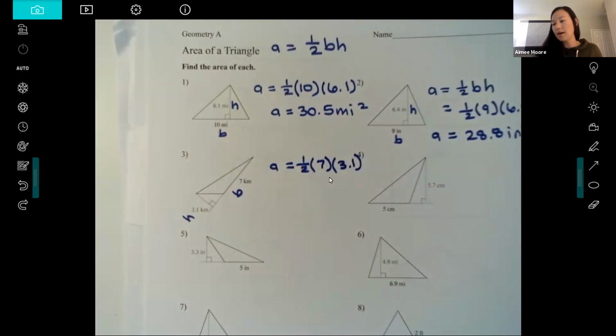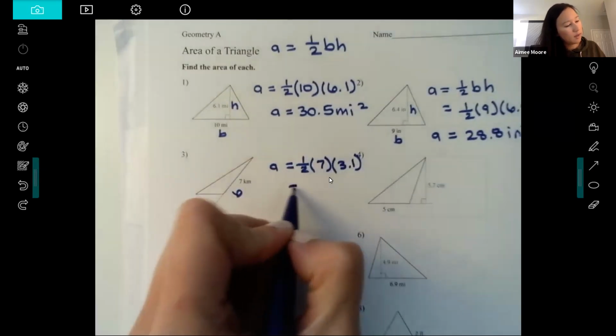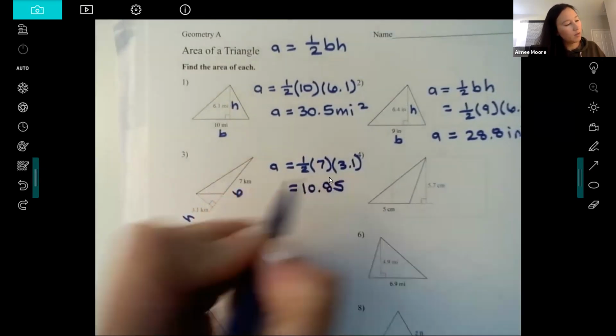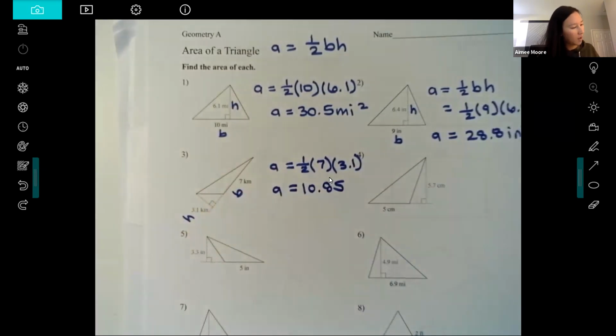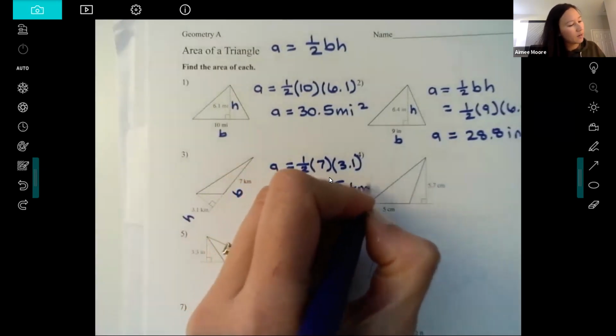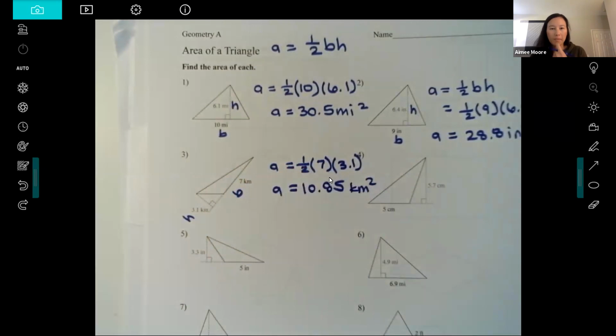And we just simplify that on our calculator. 1/2 of 7 is 3.5 times our height, which is 3.1, 10.85. And it's kilometers, so kilometers squared.